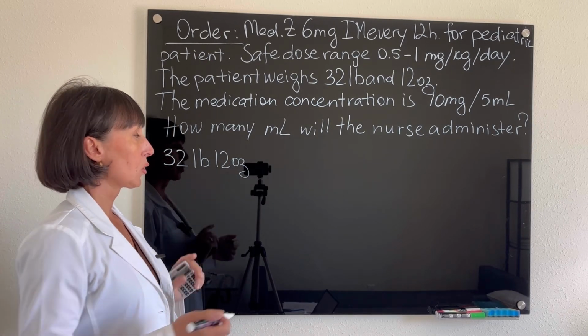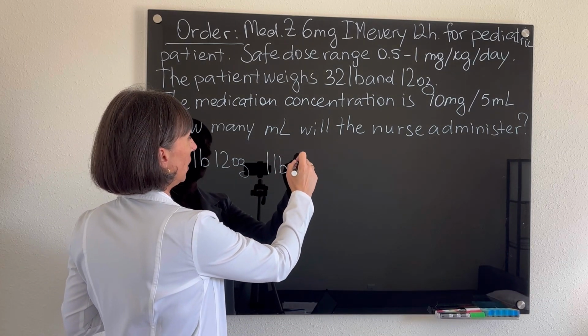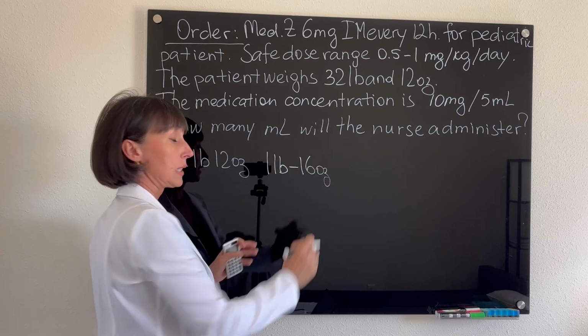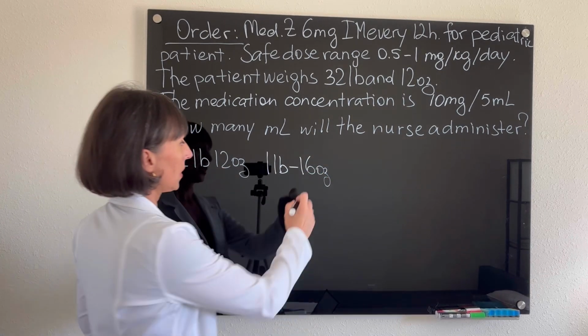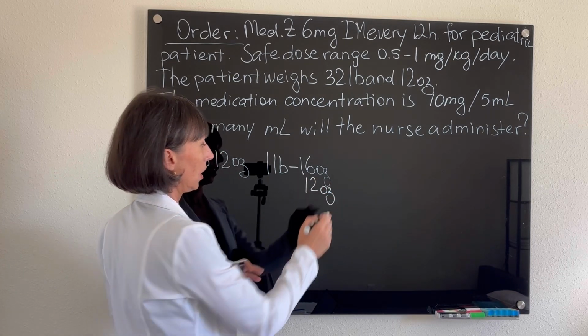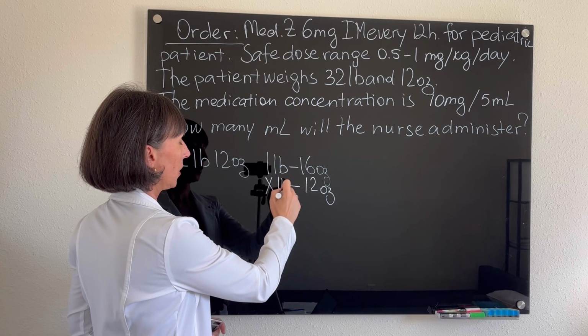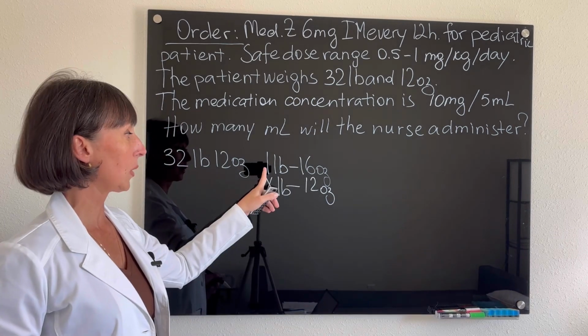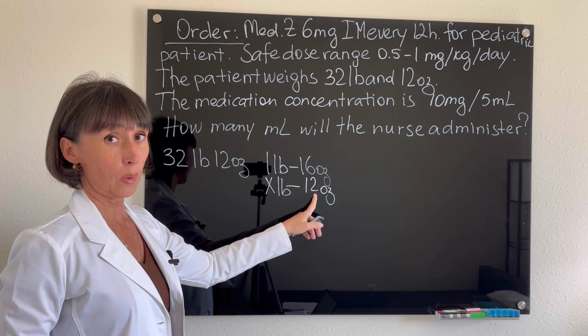What you know about ounces to pounds is that 1 pound is 16 ounces. 12 ounces, I'm putting ounces under ounces, is X pounds. Okay, 1 pound is 16 ounces, and I don't know how many pounds is 12 ounces.